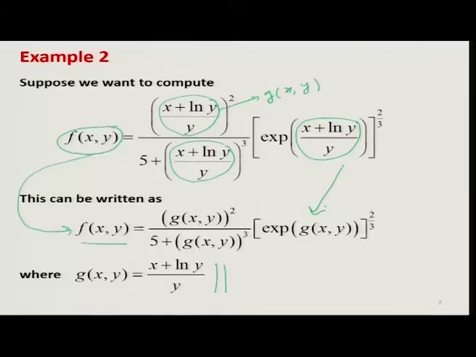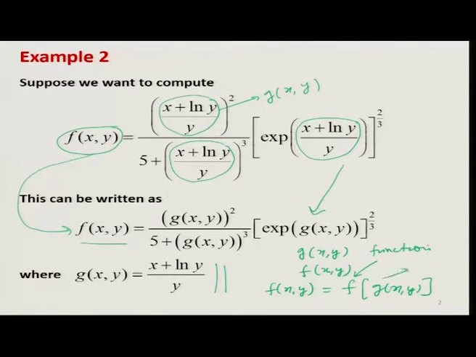If you try to see here, we are going to deal with two functions, one is g(x, y) and another is f(x, y). And you can see that f(x, y) is itself a function of g(x, y). So if f is my function, then the input variable here is g(x, y).